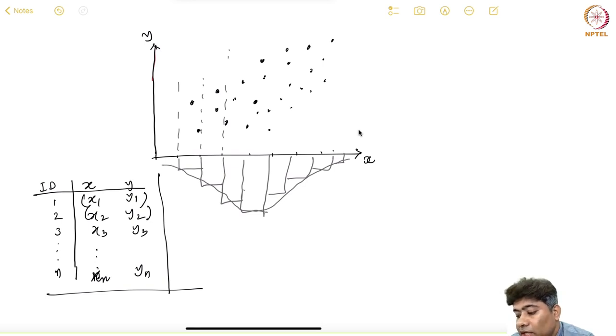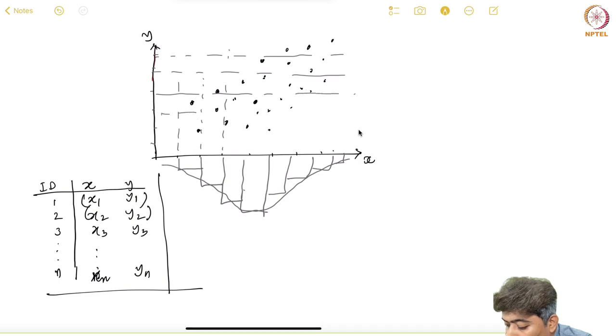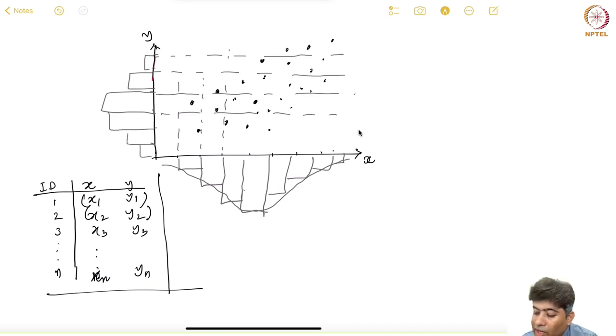Similarly, if I am interested in how the distribution of y behaves, I will create a bunch of bins, see how many points fall in these bins, then create the relative frequency density for each bin and draw the histogram of y.